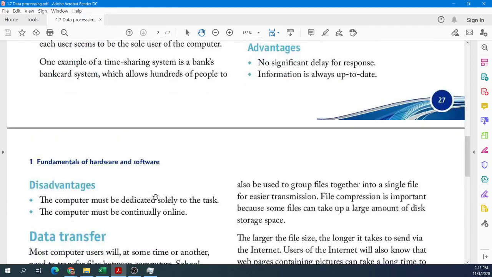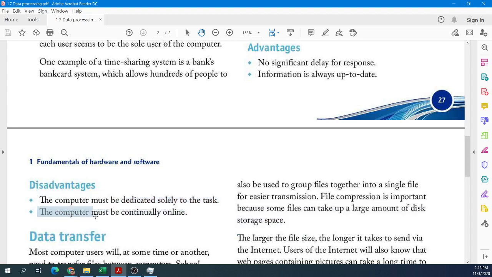But that is a disadvantage for real time. It always has to be up and ready to process that data. Because remember, it's processing in real time, so it has to be online all of the time, solely dedicated to carrying out this one task only.